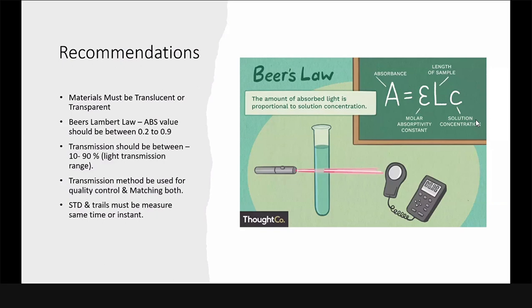And second, as per Beer-Lambert law, if we are doing any transmission measurement, either on a solution or solid, the ABS value should be between 0.2 to 0.9. If it is more than that, you can measure, but it will not give you a linear result or a relatively good result.